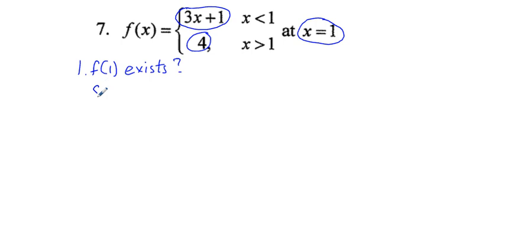So since f of 1 does not exist, f of x is discontinuous at x equals 1.